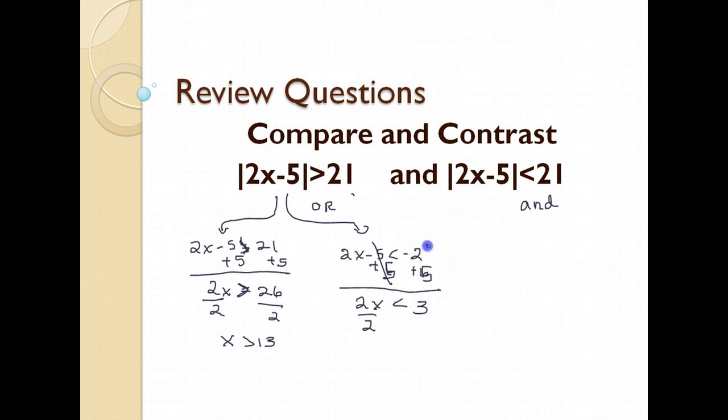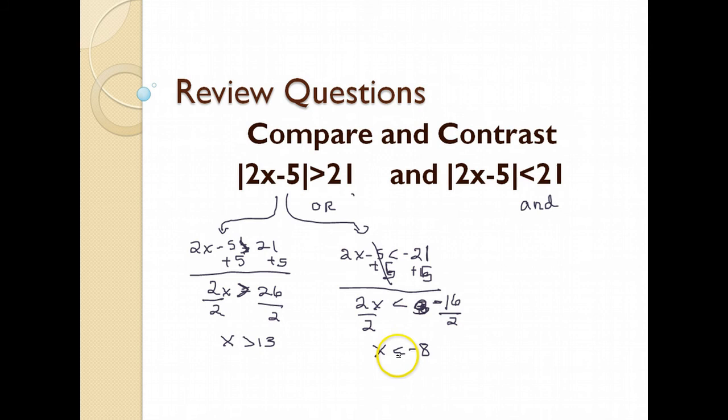This is 21 and not 2. So negative 21 plus 5 is negative 16. Different signs you subtract. Divide both sides by 2. X is less than negative 8.